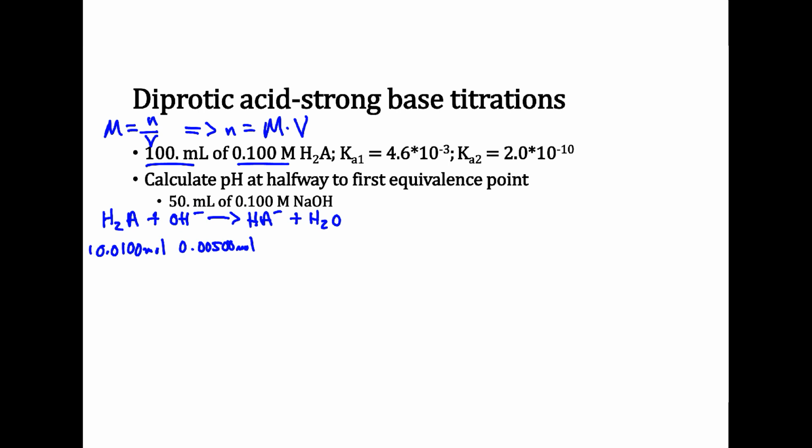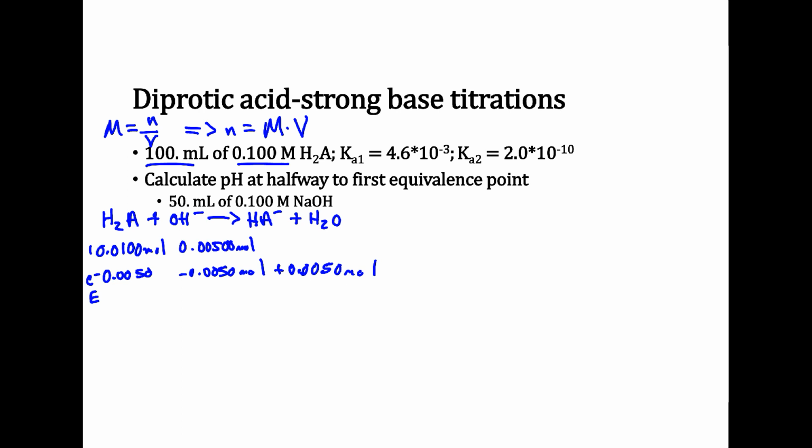Then we subtract off the smaller amount and add this over here to our conjugate base. I made a mistake here; this should be 0.0050.